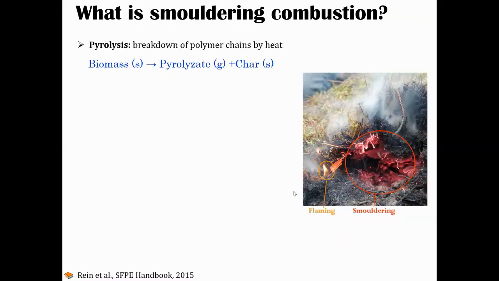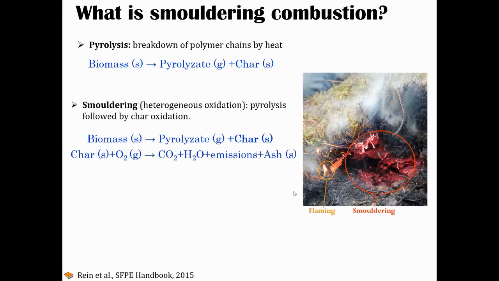Looking into the differences between smouldering and flaming on the chemistry side, both of them start with the degradation of the solid fuel. If we have biomass or a polymer, upon being heated it goes from the solid into a pyrolysate gas, and also leaves behind char, which is a solid. So the process of pyrolysis leaves both a chemical component in the gas and a chemical component in the solid.